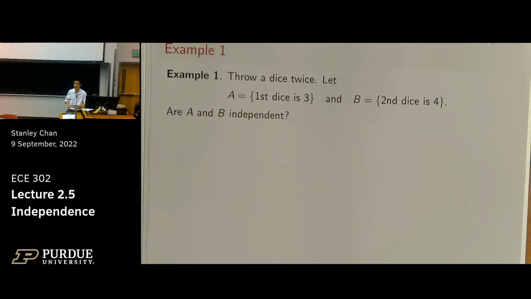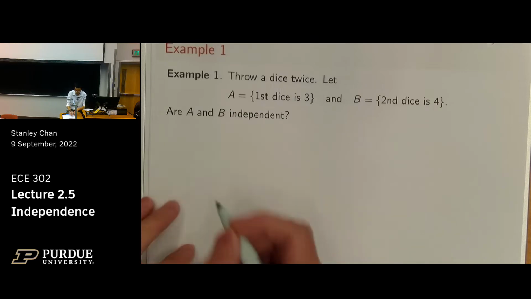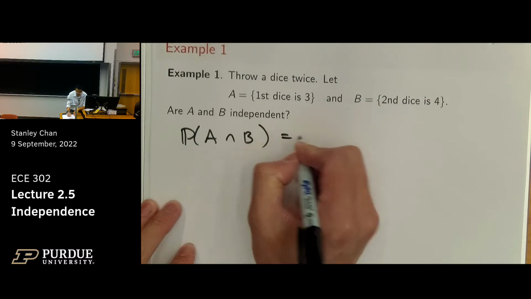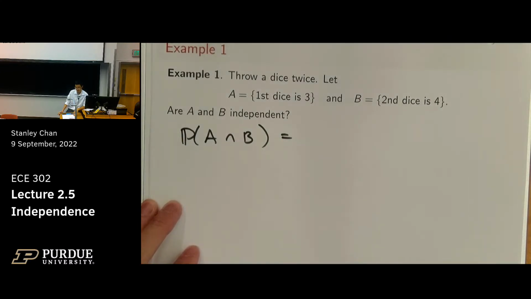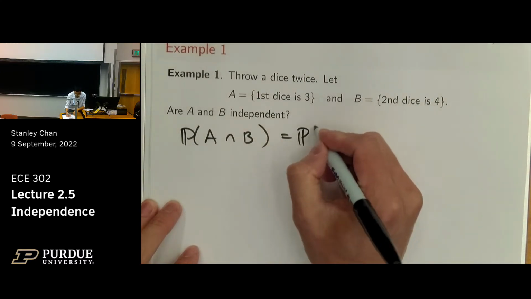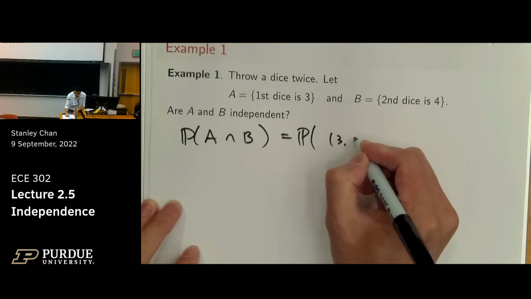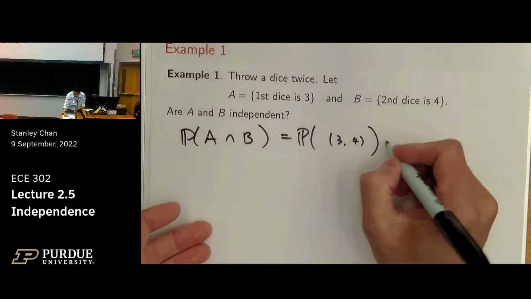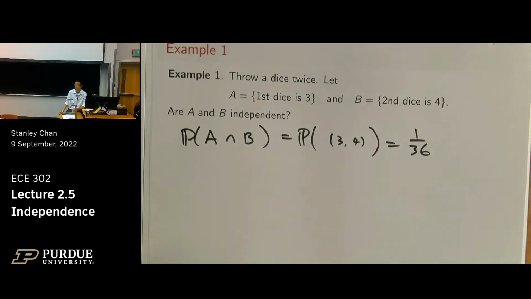Intuitively, they are independent. And indeed, it is the case, because the probability of getting A and B will be the probability of getting this pair of numbers, 3 and 4, out of 36 combinations, right? And this is 1 over 36.